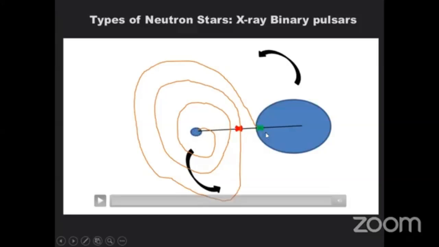Do you understand? They will like to fall. They will be pushed in this direction. But due to the system rotating, I use these arrows to mark it, they're not going to just fall radially. They're going to spiral in. So we call this the accretion disk.